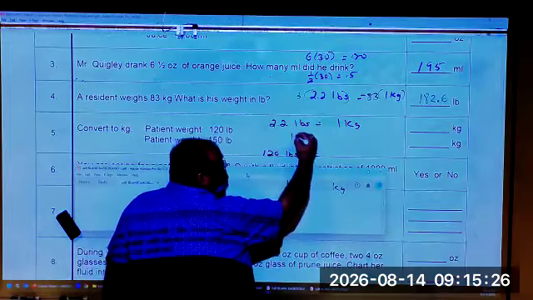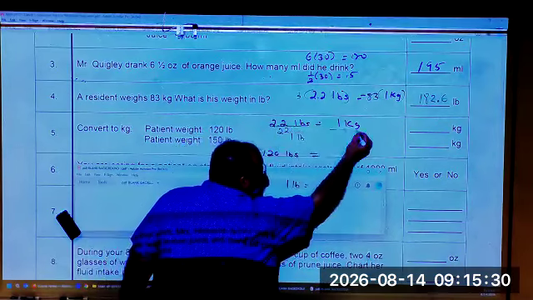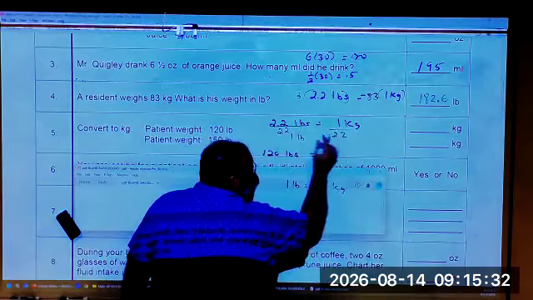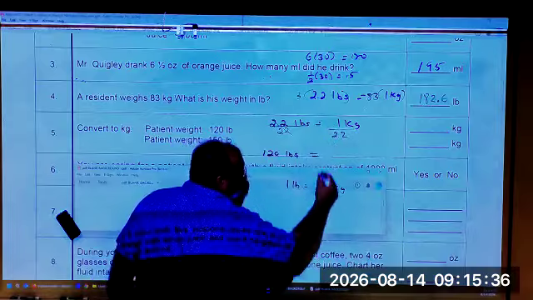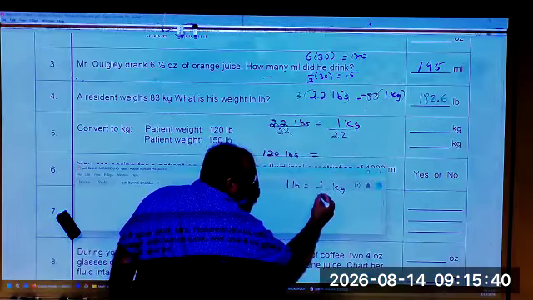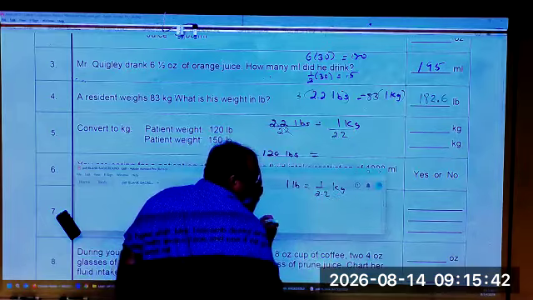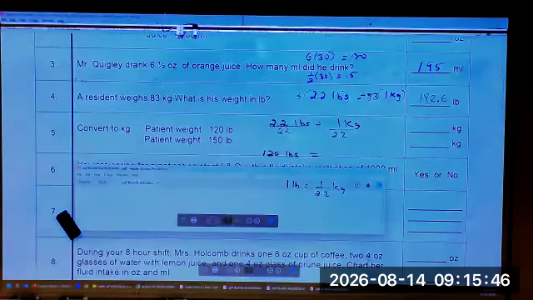To get 1 pound, you would divide by 2.2 on both sides. So 1 pound is equal to 1 over 2.2.